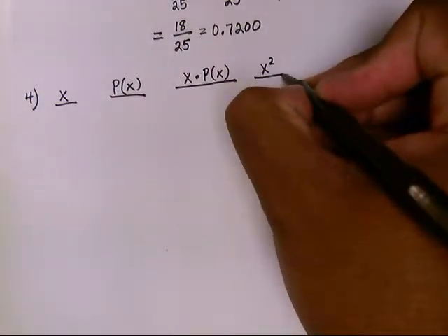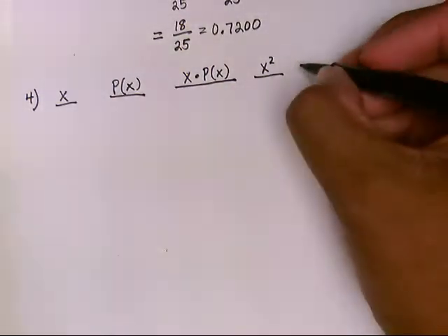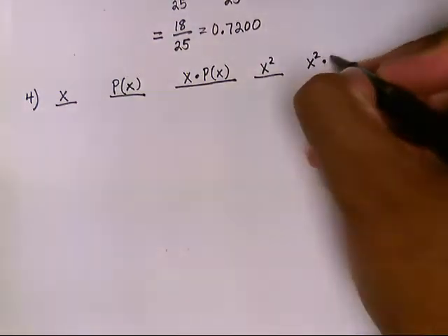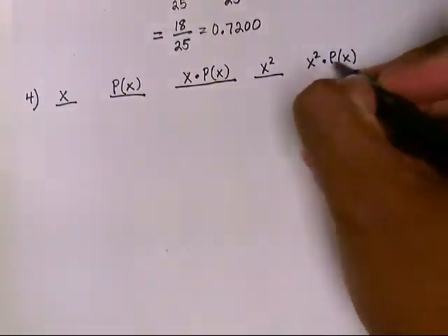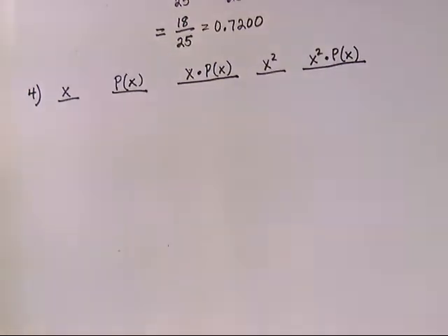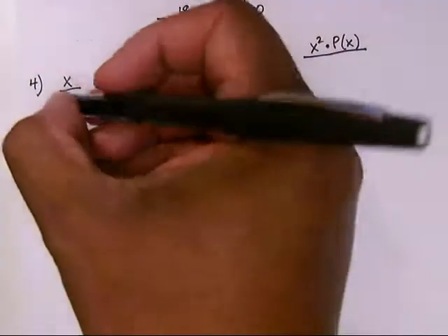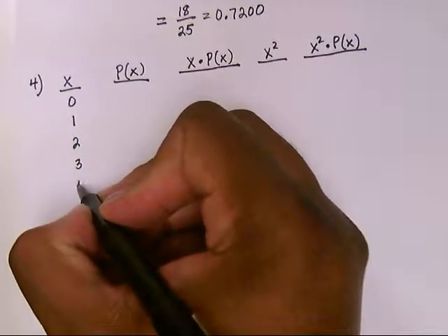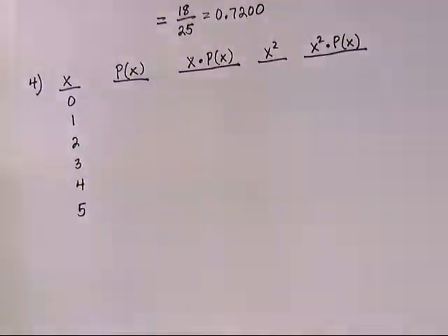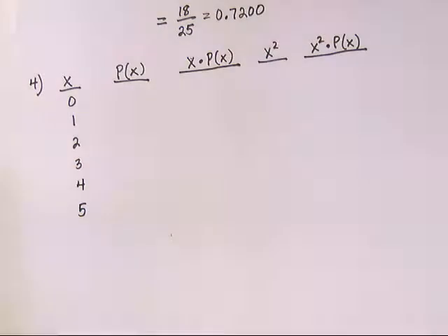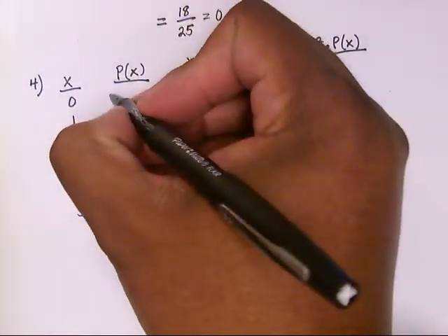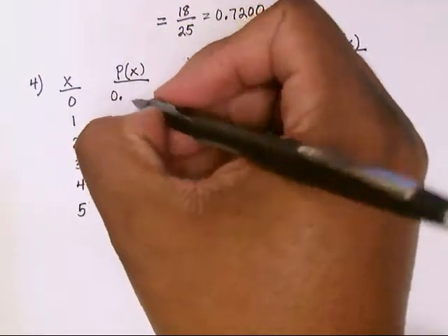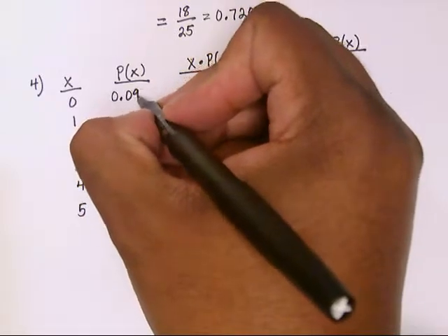And then x squared, you'll square each of your x's, and then finally you'll take x squared and multiply it by its corresponding probability value. So in this case here, that x will start with 0, 1, 2, 3, 4, and 5. And then p of x, I'll just copy down their corresponding probabilities.